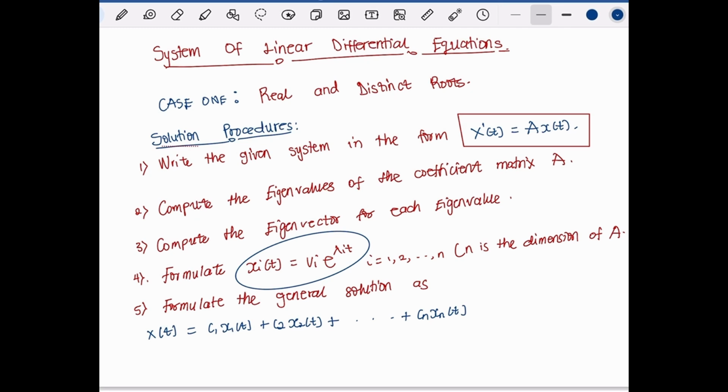Then the last step is to write our general solution in the form x of t is equal to c times x1. These x's are from step 4, right? The x's that we got from step 4, that's what we are going to use to formulate our general solution. So let's take our first example and see how we are going to solve such a question.